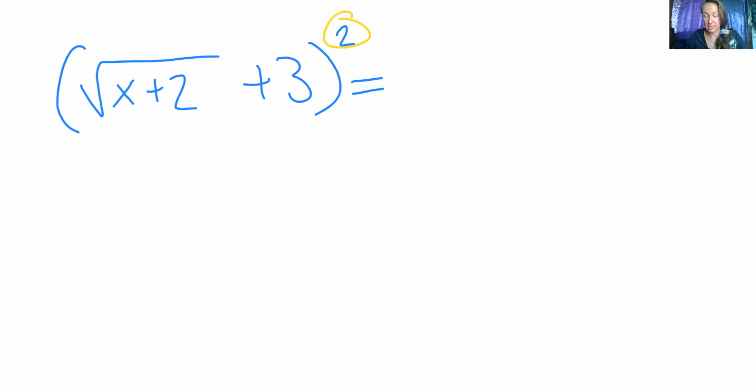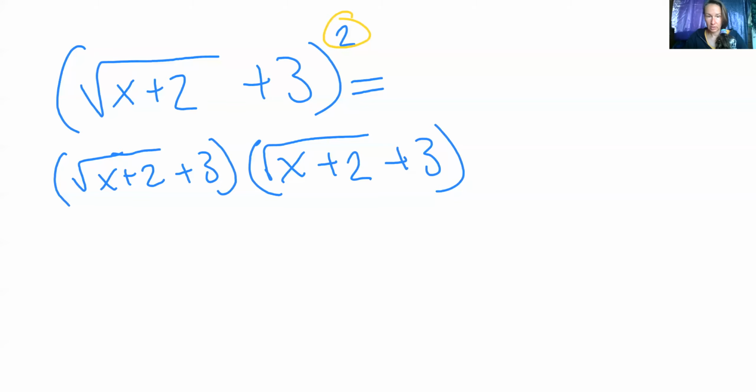This squared is essentially saying we've got the square root of x plus 2 plus 3 times the square root of x plus 2 plus 3. All right, so that's what that squared means. It means we multiply this whole thing by itself again.